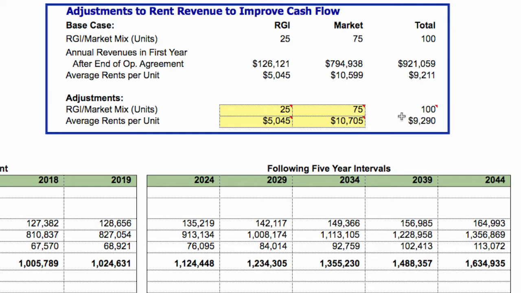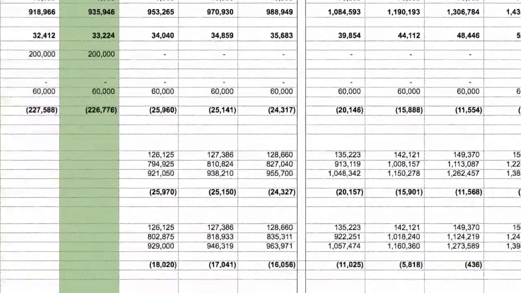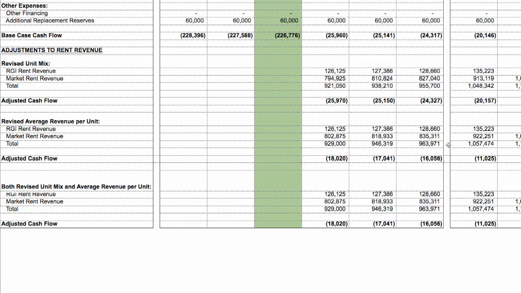So that's annual rent per unit, and the program will multiply that all through. So what you can see, what we've done is we've adjusted this. If you go back to where we were last time on the unit mix, you can see we're back to that deficit, right? But if we look at the average revenue per unit here, based upon increasing the market rent, we've still got a deficit coming out of that. It's a smaller deficit, but there's still a deficit.